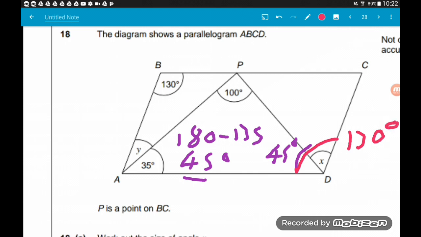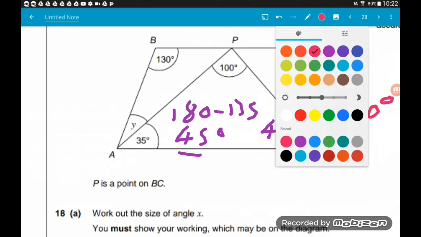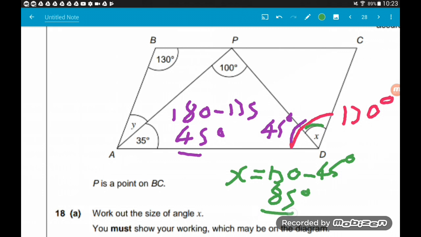So we now know that one of those angles is 45 degrees. So we can work out angle X, which is just this part. We know that X then is 130 minus 45, which gives us 85 degrees.